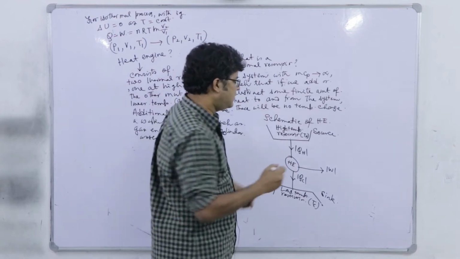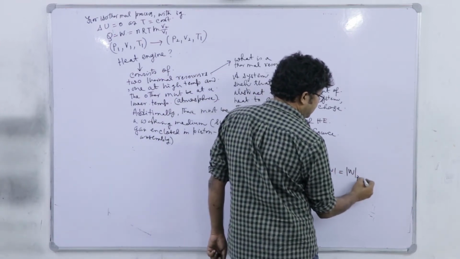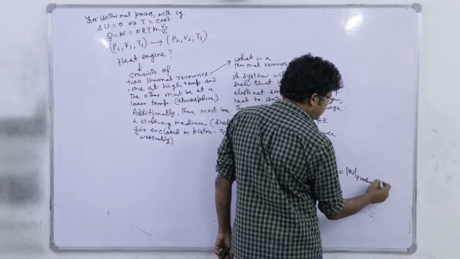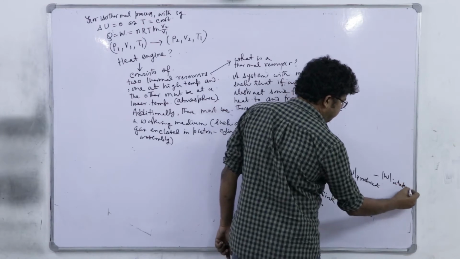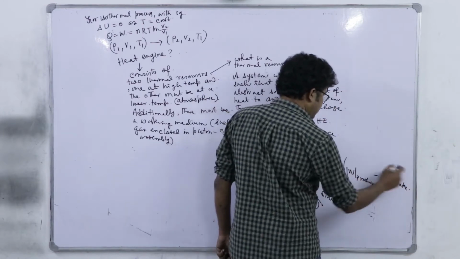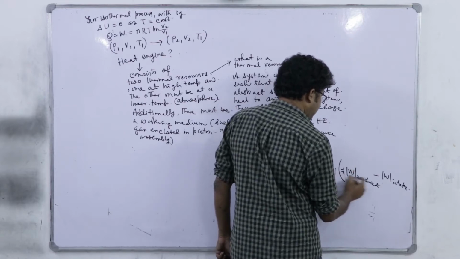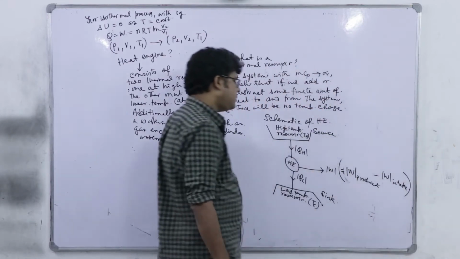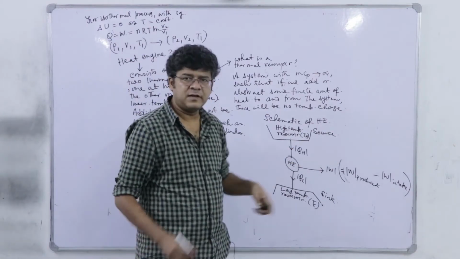This del W is actually work produced minus work intake. So, we can write it like this. So, this is producing some work.